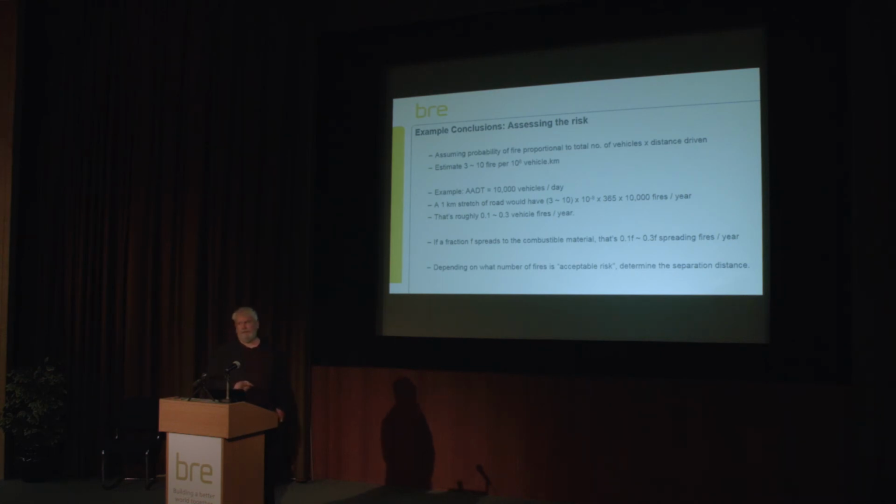So fortunately not that frequent. So here's an example then. If the annualised daily traffic is 10,000 vehicles a day along a stretch of road, then a 1 kilometre stretch would expect to have around one fire every 3 to 10 years.